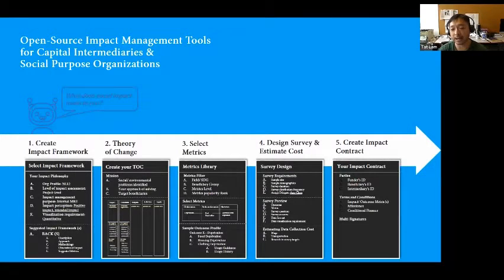So basically, there's a small app that we developed within the system, like a small robot or a flow, helping social service agencies to create their own impact measurement framework, their own theory of change, metrics, surveys, costs, and also the impact contracts.